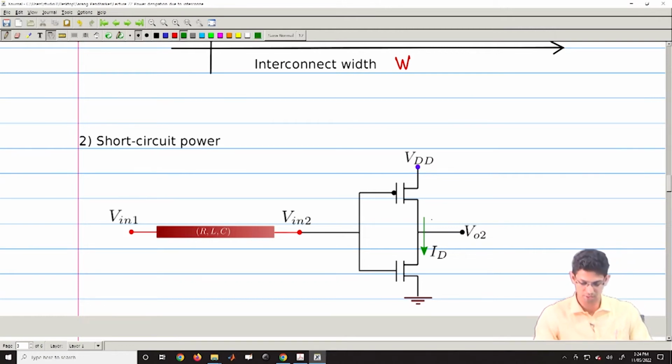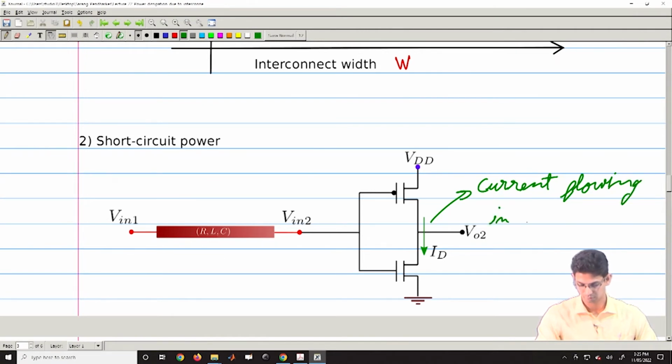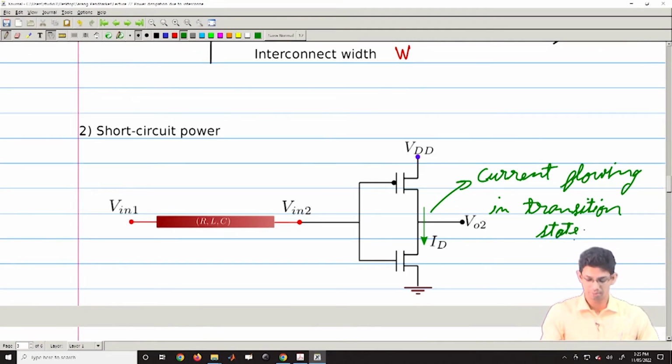So, this is the transition state, and because of that there is some power loss here.